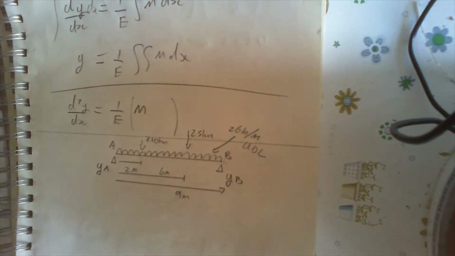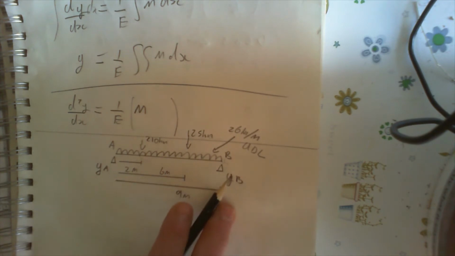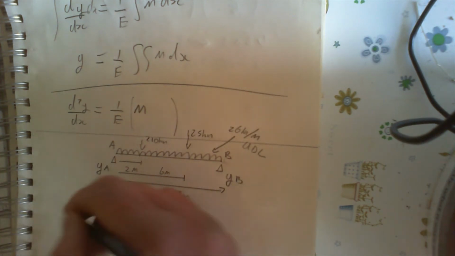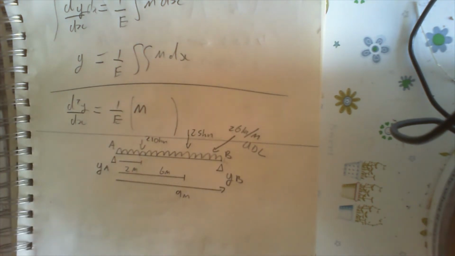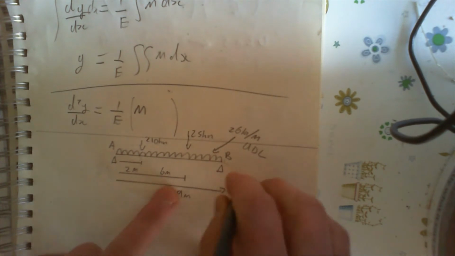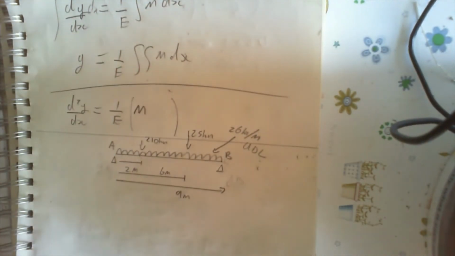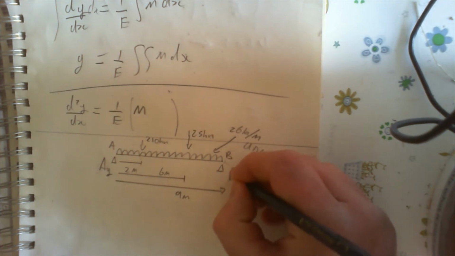Right, first thing we do is find out the total. We want to find out the reactions at A and B. I'll call these AY and BY.